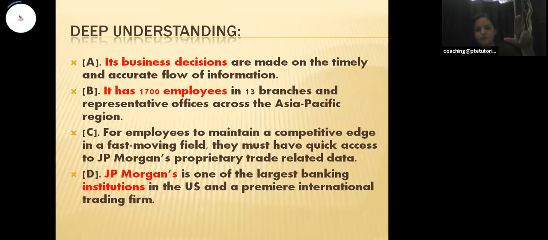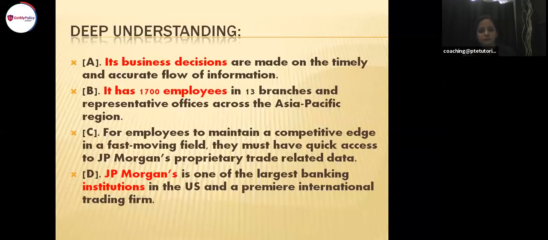Morgan's is one of the largest banking institutions in the US. This is my opening statement. And a premier international trading firm. This is an institution. Institution is what? This is a noun. That's why now I will replace this institution by using the demonstrative pronoun, and that is what?